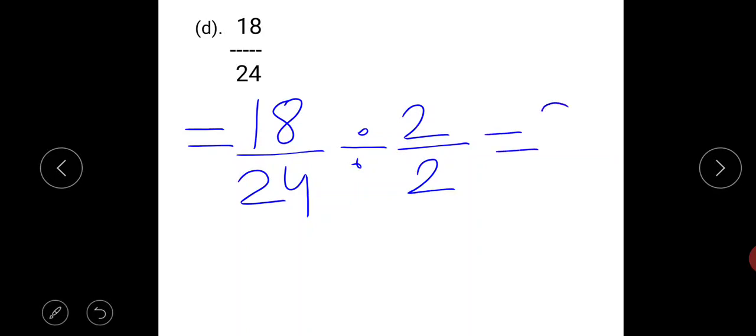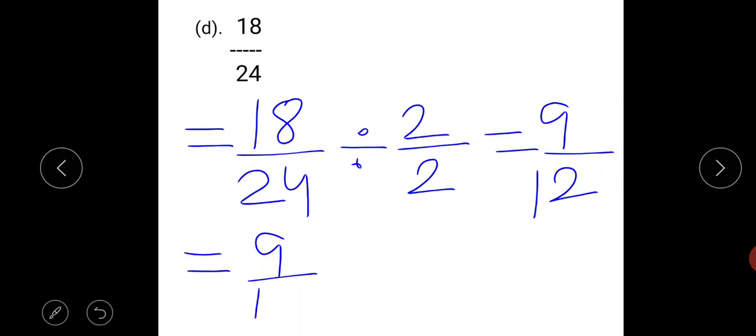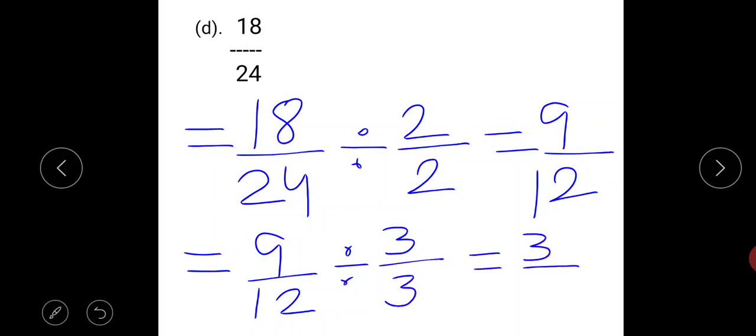Now 2 9s are 18 upon 2 12s are 24. Now we can further divide 9 upon 12 by same number, and it is 3. So it is equals to 3 upon 4, which is the fraction in lowest term.